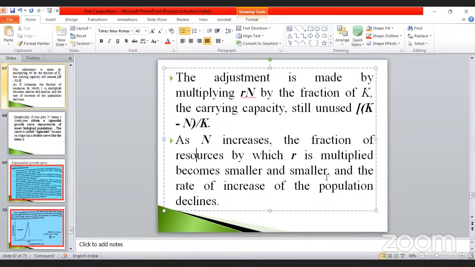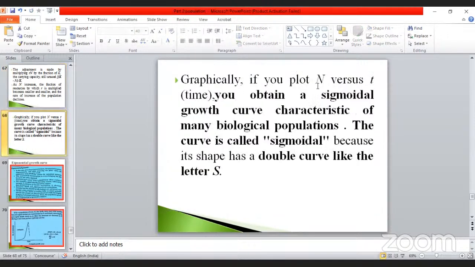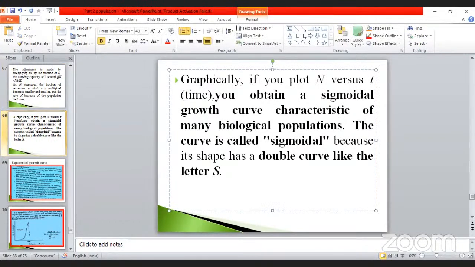So when the resources decrease, the population also declines. Graphically, if you plot N versus time t, you obtain a sigmoidal growth curve, characteristic of many biological populations. Take examples such as the growth curve of plant or fish culture, microbial growth, or any one of the individual populations.